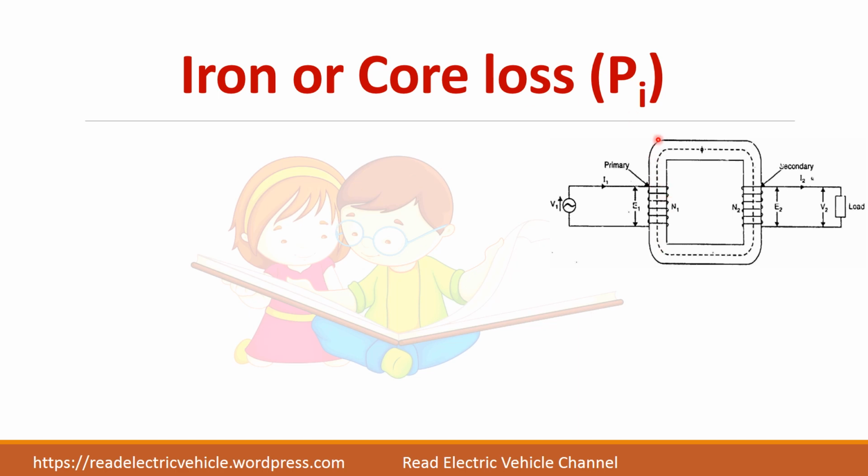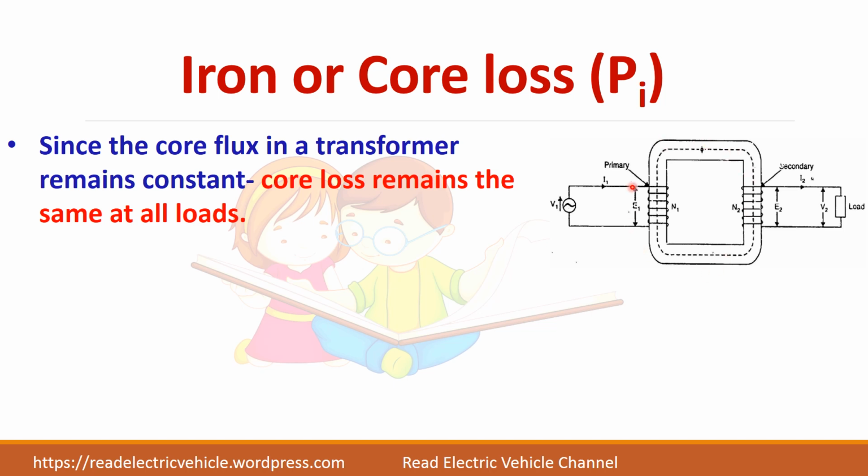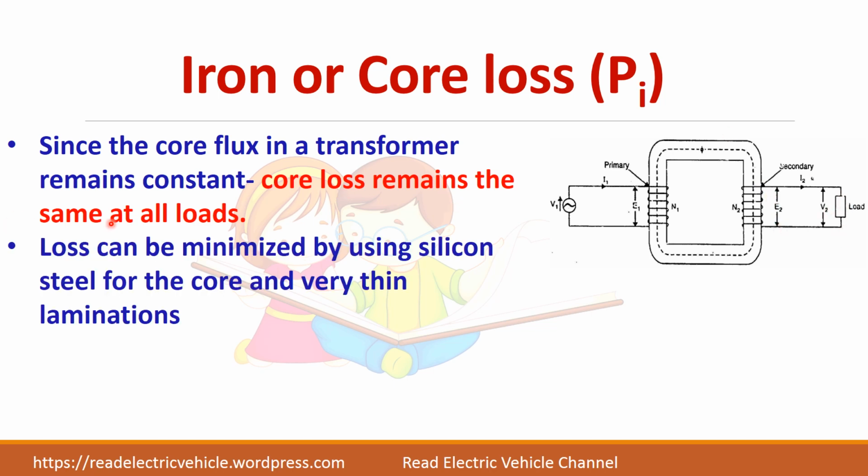We can see here, this is the core of the transformer and the flux is passing here. Since the flux remains almost constant for all the loads, the core loss remains the same at all loads in a transformer. So core loss is constant in transformer.